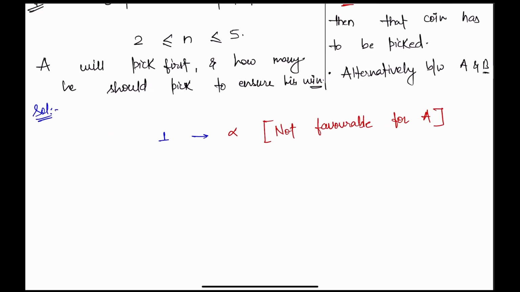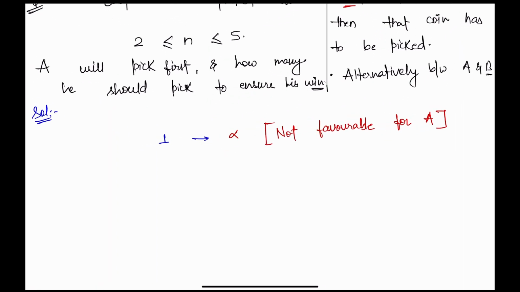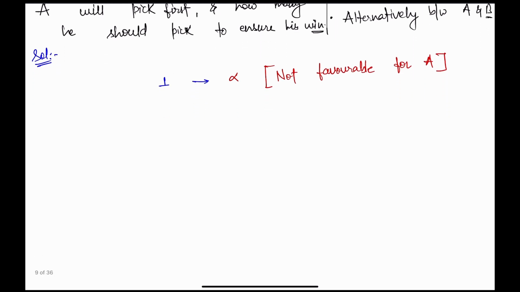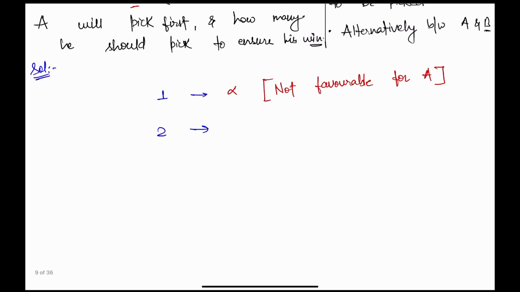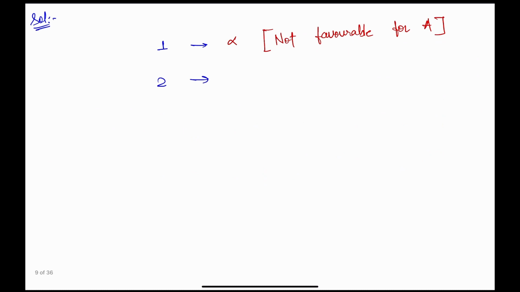So we are saying there is only 1 coin on the table, then what will be the conditions? We will try to find out what series it is making, or what the similarities are. So if 2 coins are there, our A has to pick the 2 coins, and as A picks the 2 coins, he will lose. So this is also not favorable.